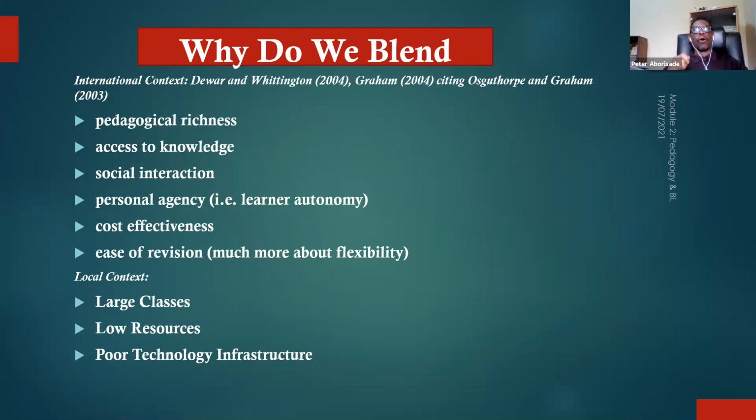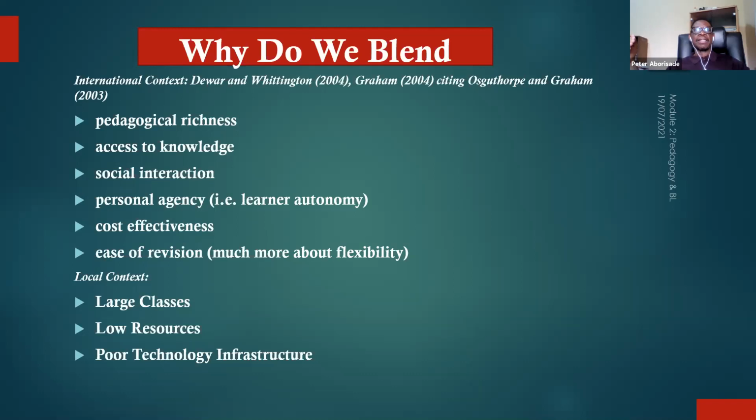The international context of blended learning has listed about 6 reasons. Pedagogical richness, because you can mix your pedagogy as a matter of fact, as I said earlier on. Access to knowledge, that is existing knowledge, wherever they may be.